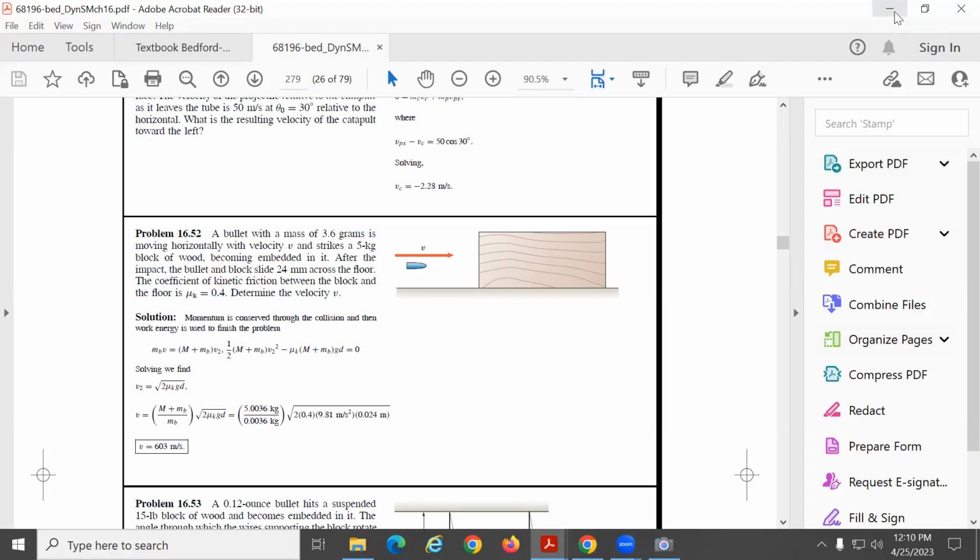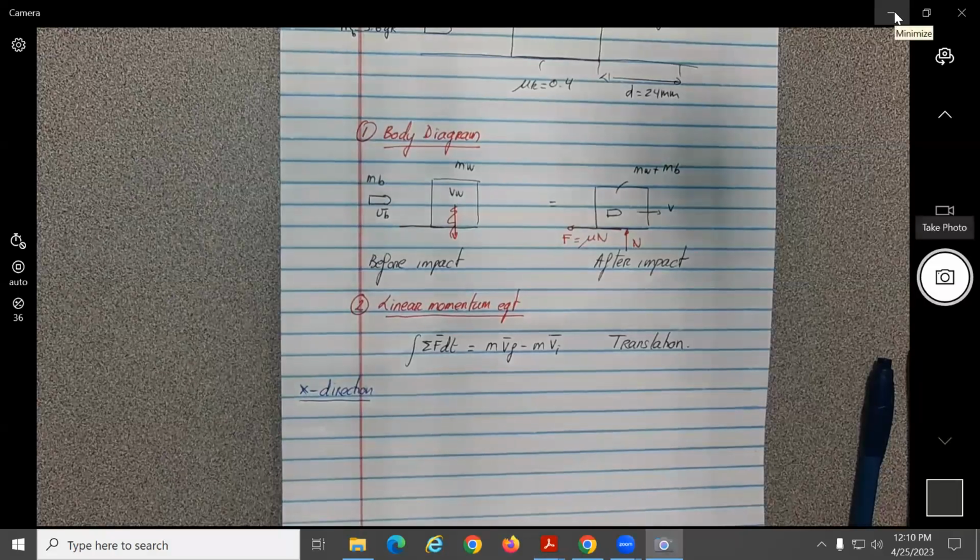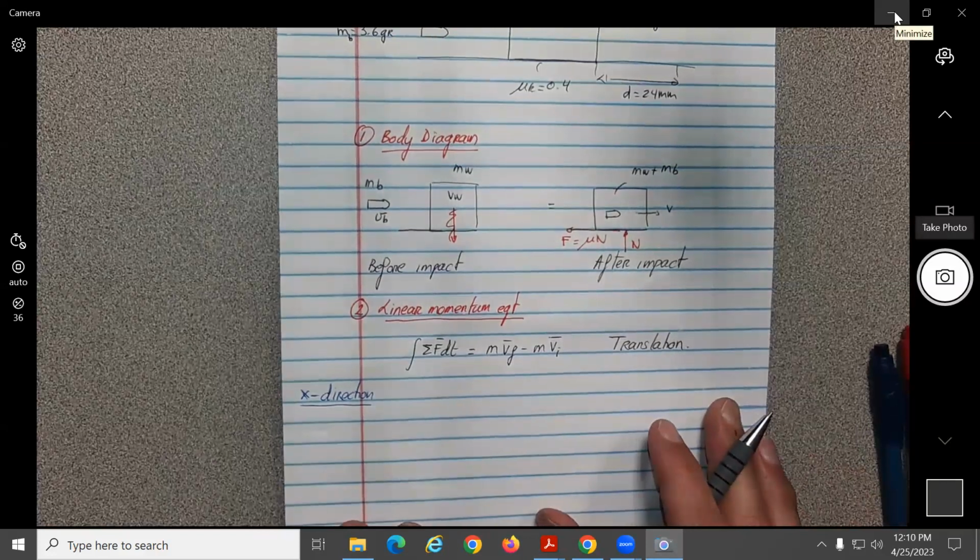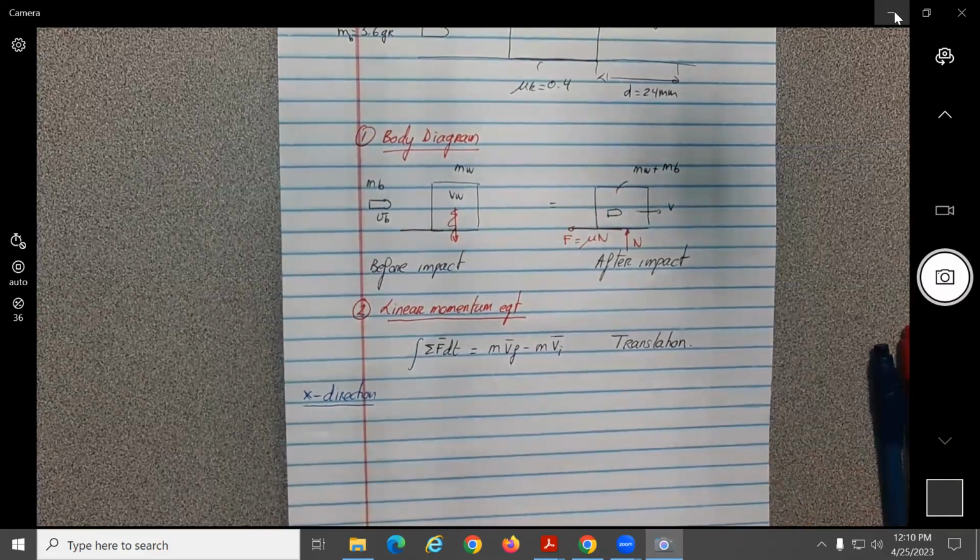Now you see they do work and energy as well. All right, let's not look at this. Okay, so let's say we use this equation, okay?